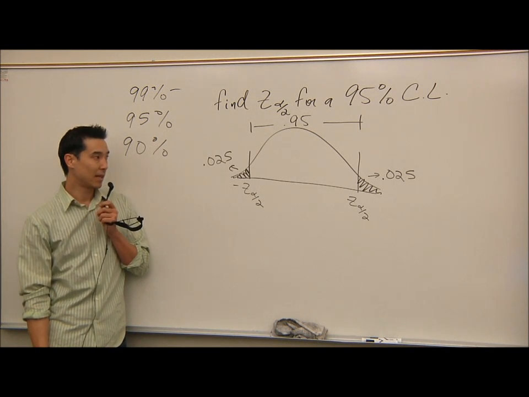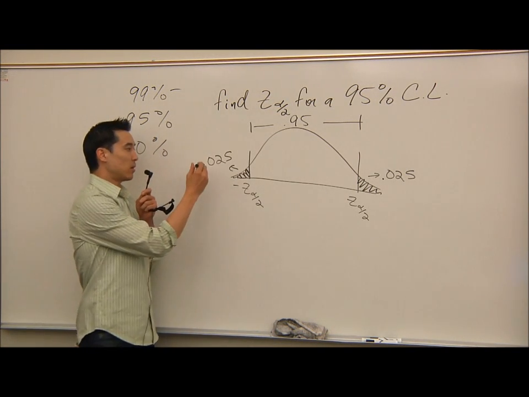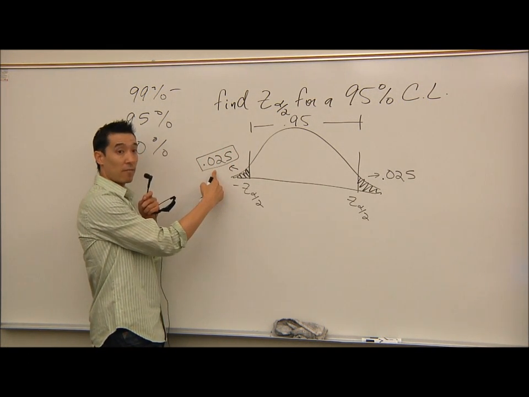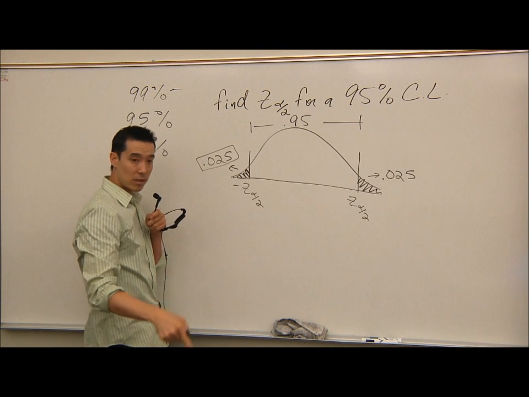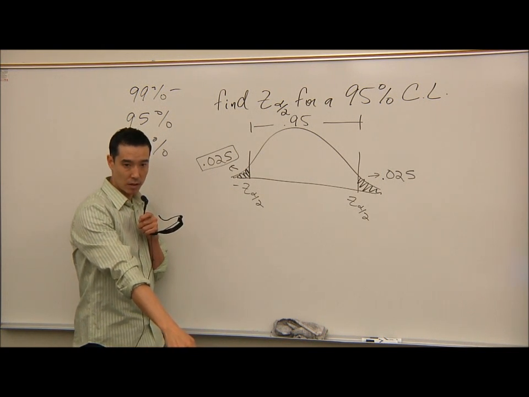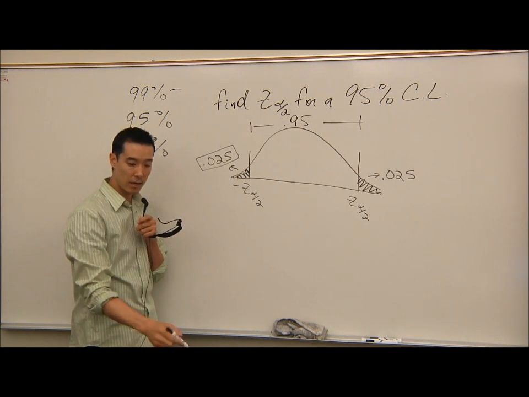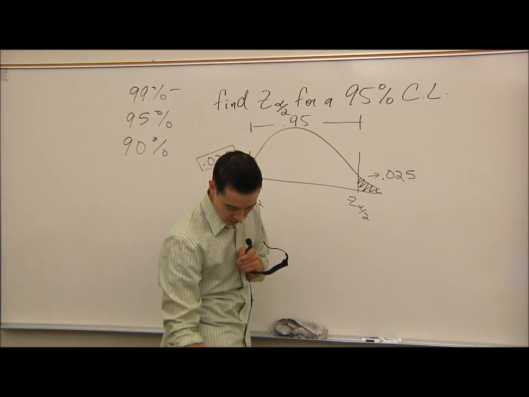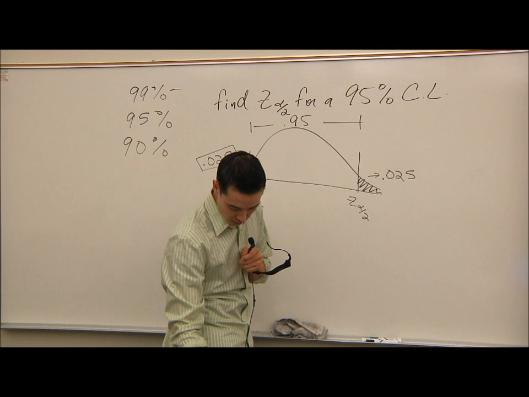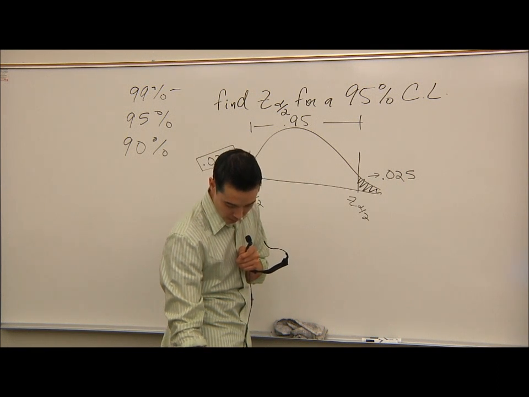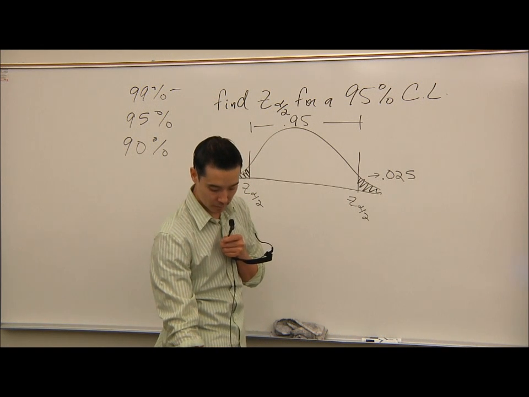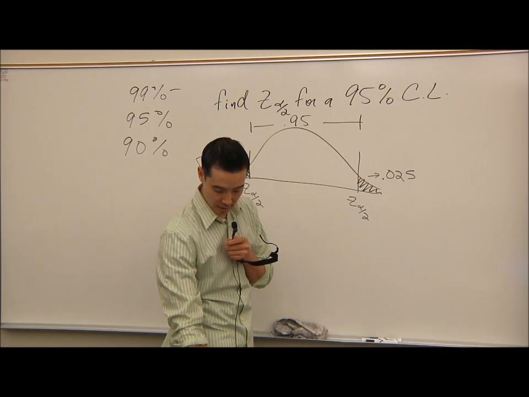Okay? All right, if I go into my book and I'm trying to find the z-value that marks an area of 0.025, you go into the area portion of your z-chart and you try to find the closest thing you can to 0.025. Okay? So look in there and see if you can find it. And you should get pretty lucky on this one. Why? Exactly. Because it's exactly in there. And what z-value gives you 0.025?